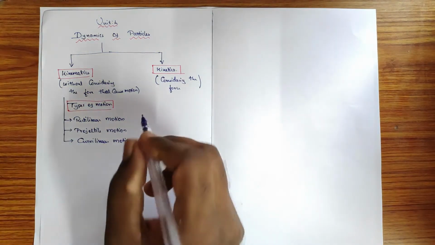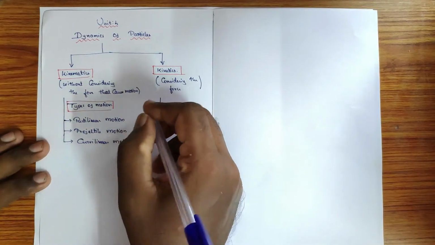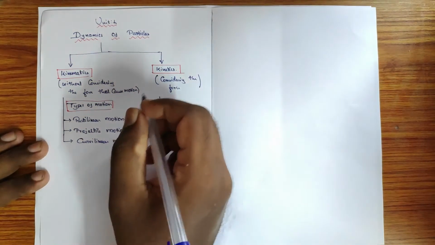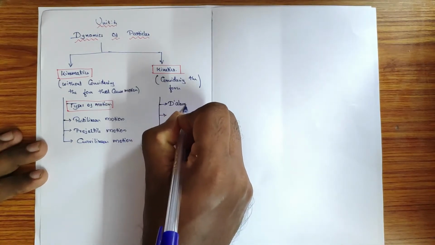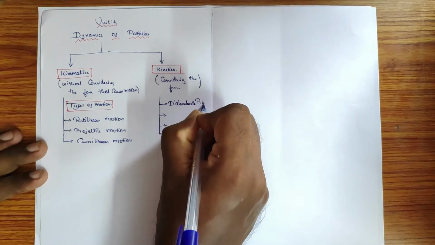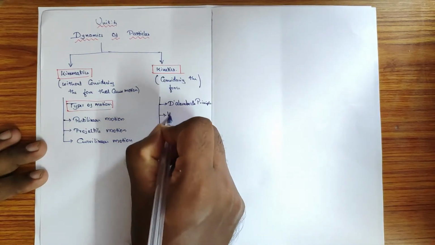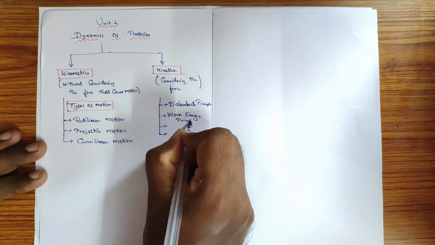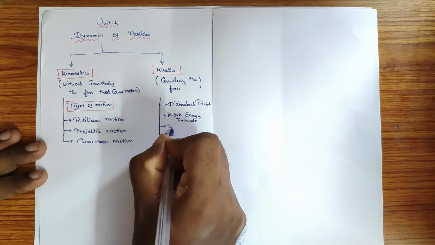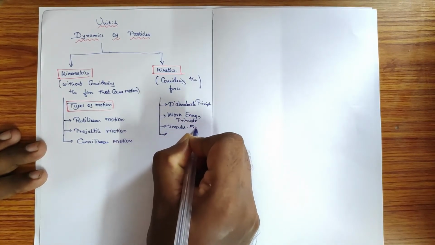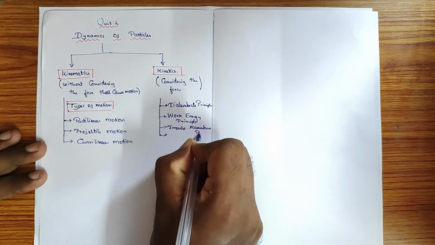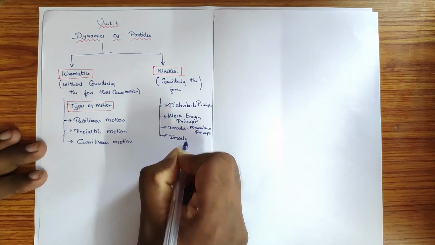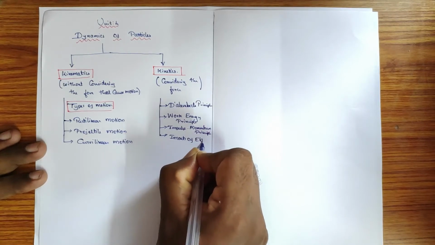Here we are looking at four chapters: D'Alembert's principle, which will be the first chapter, and the work energy principle, the third one is the impulse and momentum principle, and the last one is impact of elastic bodies.